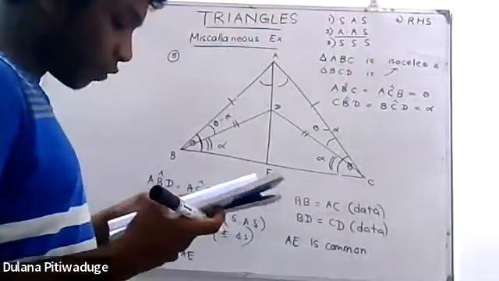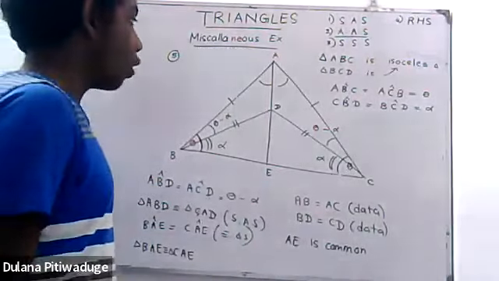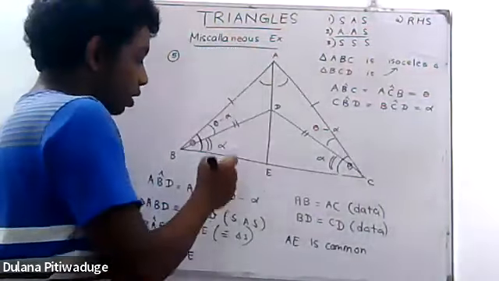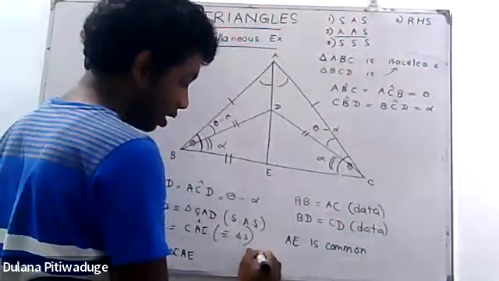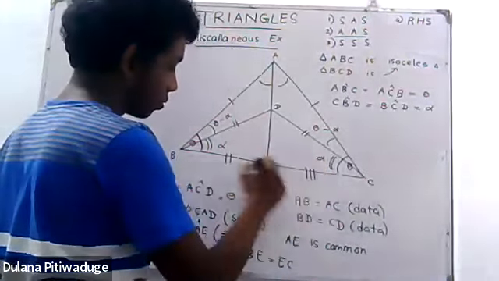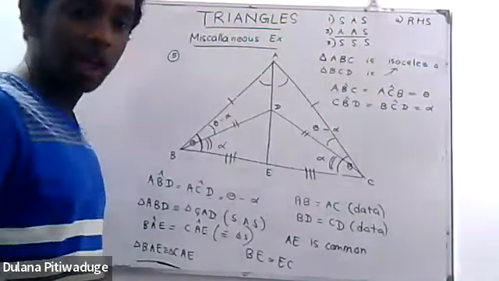Next, they have asked us to prove that AE and BC are perpendicular to each other. Now we have found that these two triangles are congruent. So the side BE is equal to side EC by the congruency of these two triangles.